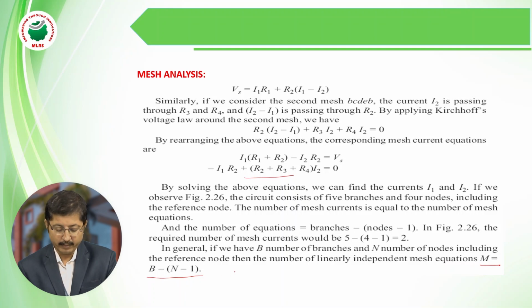What is b? b is nothing but the number of branches in a circuit, and n is the number of nodes in a circuit.